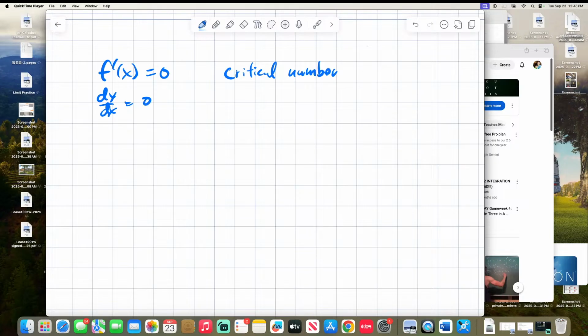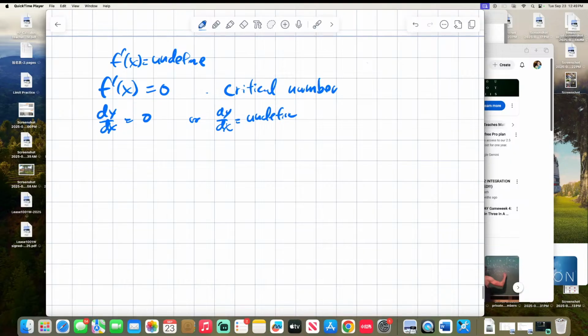Or it could be undefined as well: dy/dx is equal to undefined, or f prime of x equal to undefined. It's just different notation. So those are critical numbers. There are two situations technically, because you can denote it as f prime of x or dy/dx.